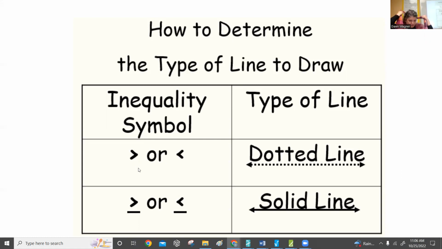Or if you graphed them, it may have just been on a number line. Here, we're going to be graphing these on a coordinate plane. When you're graphing on a coordinate plane, if you don't have an equal sign underneath, you're going to use a dotted or dashed line. If it has a line under it, you need to use a solid line.